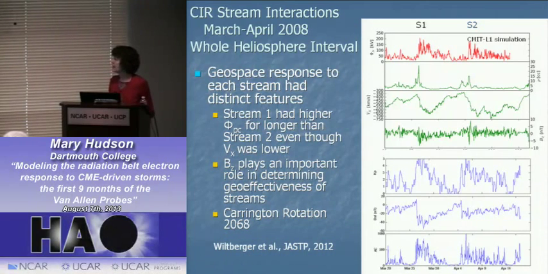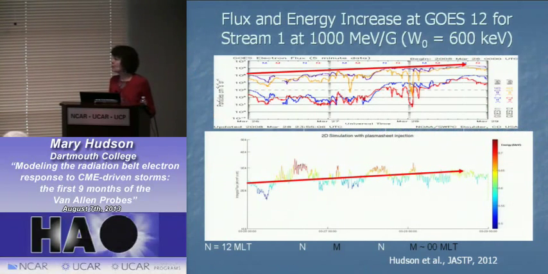And Mike ran this entire time interval using the CMIT code, which couples LFM, that I'll talk about a little more, to TIE-GCM. And we used the output from his simulations. In particular, he reran the two high-speed stream intervals at higher time resolution with the LFM code. And we pushed test particles, which is kind of what my group does, and I'll show you results of those kinds of simulations.